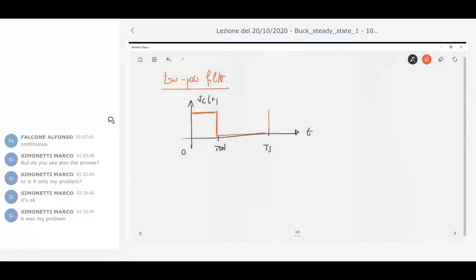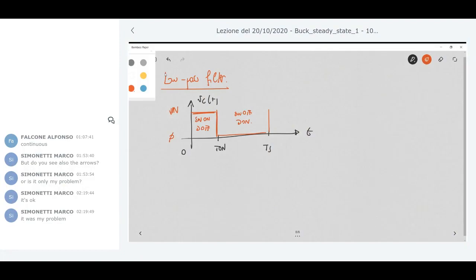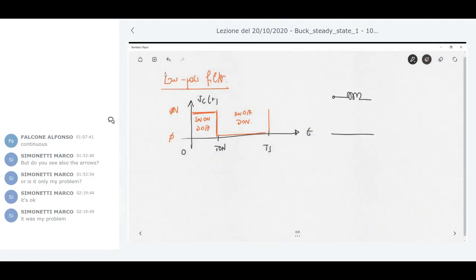It is V in when I have switch on and diode off, and almost zero when the switch is off and the diode is on. So you have a rectangular waveform. This rectangular waveform is the input voltage of my low pass filter, L, C naught, and the load R.